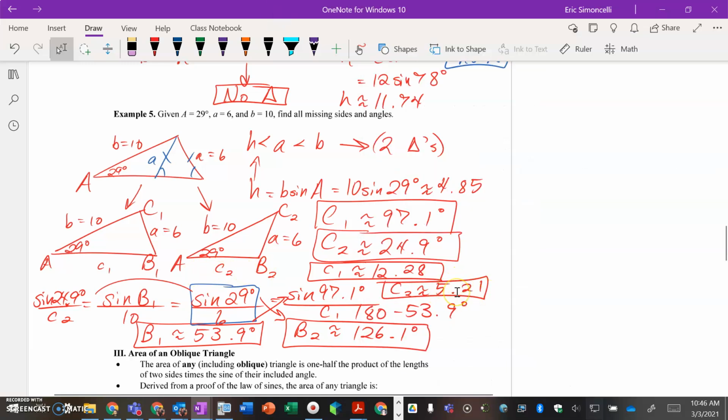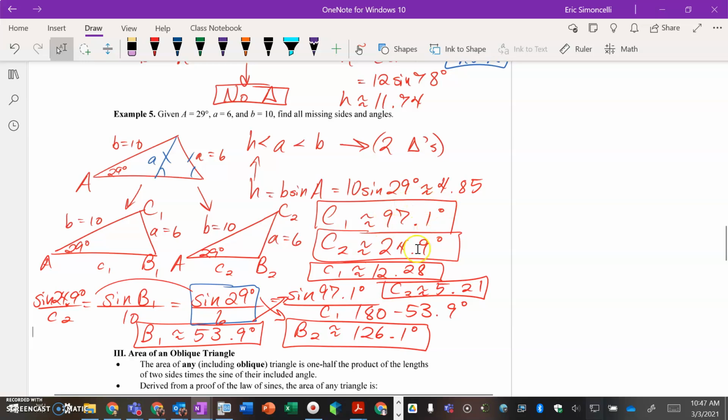You're going to do the same thing for side c sub 1. In other words, I would cross multiply these two. Again, using 97.1 in context requires 180 minus the sum of those two. And be careful again, if you use 53.9 as that, it's going to possibly lead to, instead of c sub 1 as 97.1, maybe 97 point something else, which is not what we want.